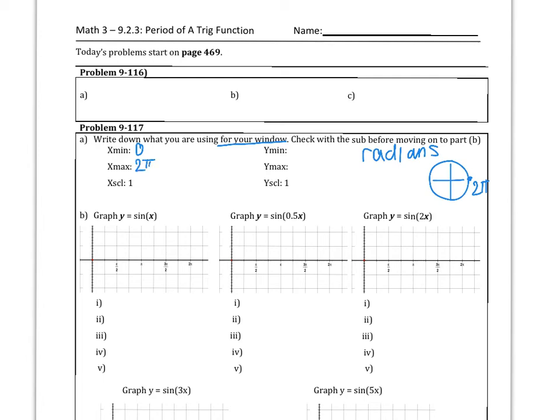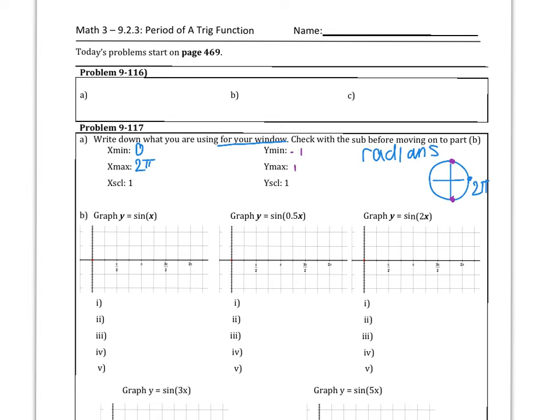So make sure you guys know where that pi button is, which is just underneath the clear button on your calculator, but you'll need to hit second first. The y minimum and the y max, remember that the sine function never exceeds +1 or gets lower than -1. So the y minimum would be -1, the y max is +1.